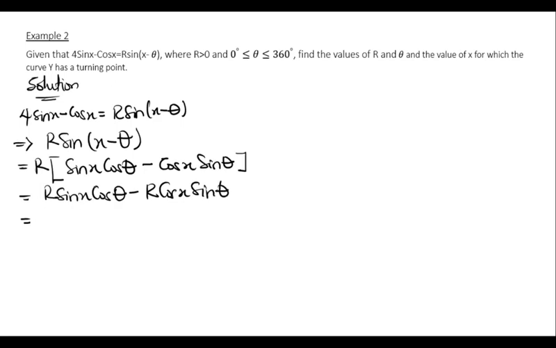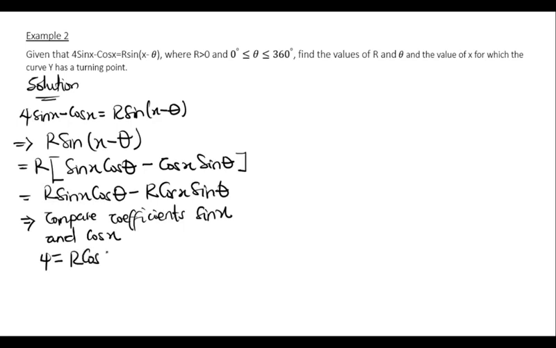So from here we now compare coefficients of sine x and cos x. Over here sine x is here, so it has 4 over here, so we have 4 is equal to, since sine x over here has the coefficient r cos theta, r cos theta.